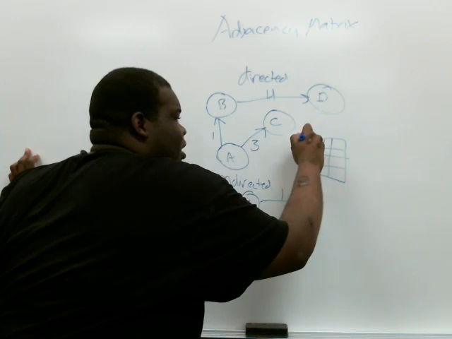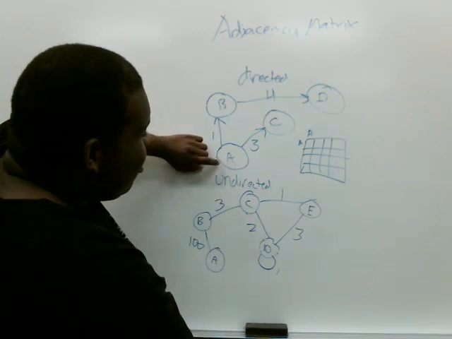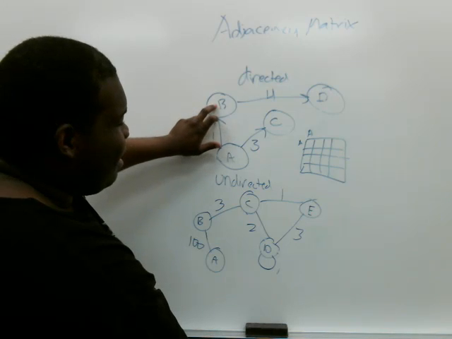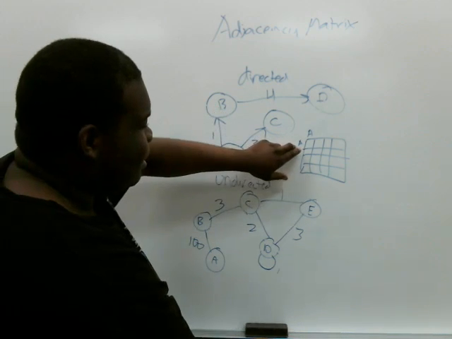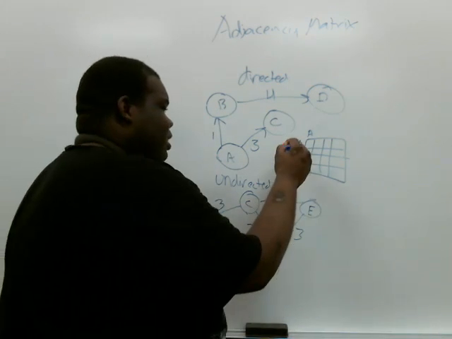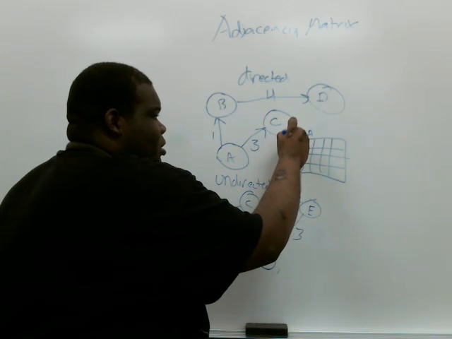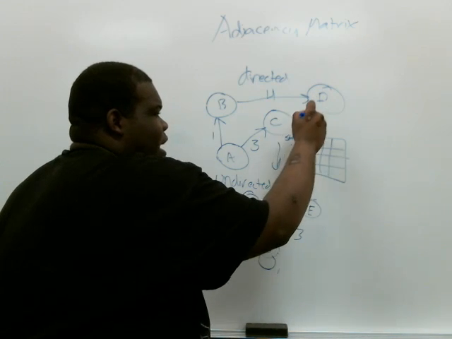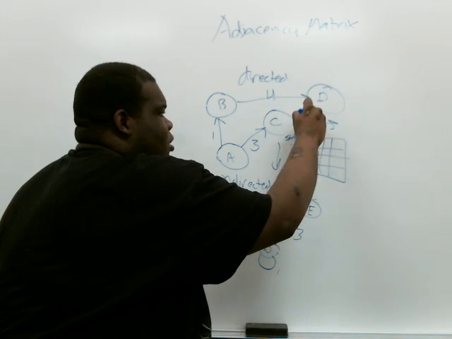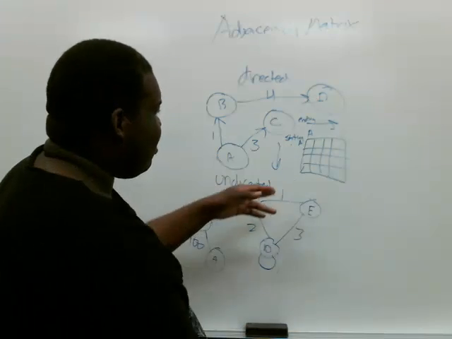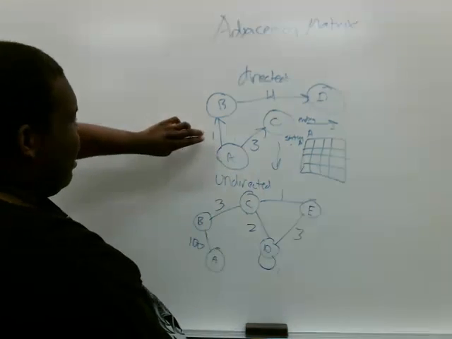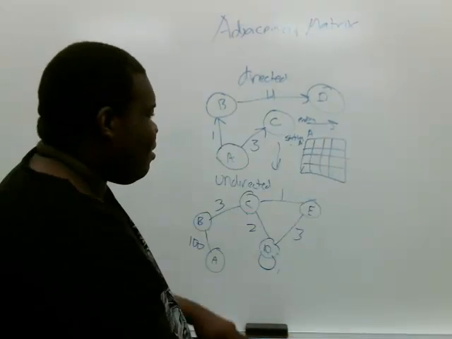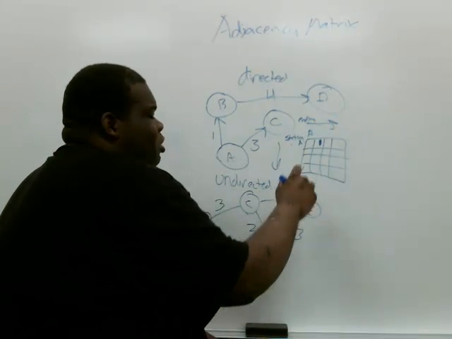Here's A. So in the directed graph, to represent this adjacency matrix, we say AB, with this as our starting and ending. So we start at A and we want to go to B. Start at A, go to B. So here we'll store 1.